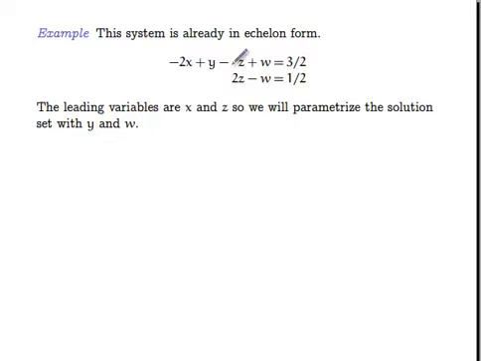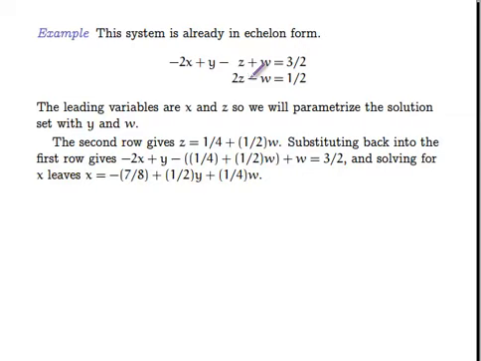Okay. All right, here's another example. This equation system is already in echelon form. So in this case, y and w are free variables because the x and the z are leading variables. So we can make y and w arbitrary. Let's do the same thing that we've always been doing as you solve from the bottom up. The first equation down here, I'm going to solve for the leading variable z in terms of w.